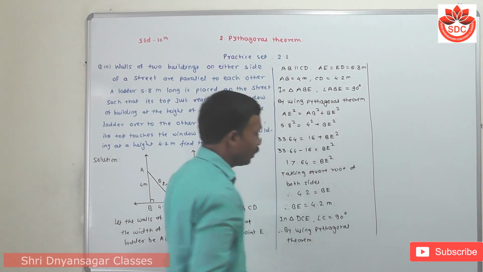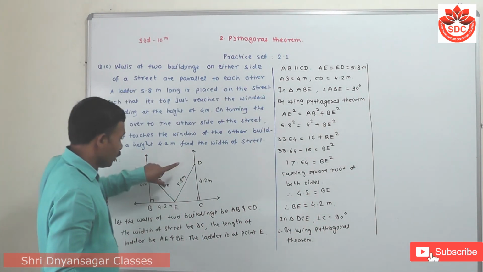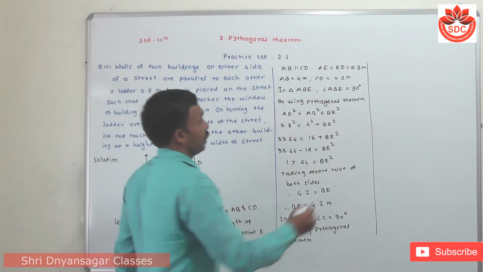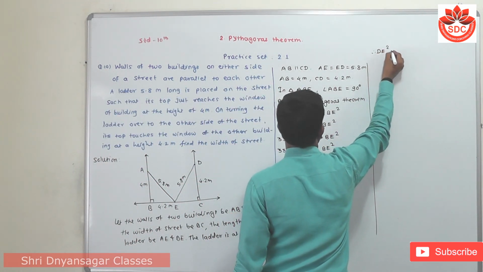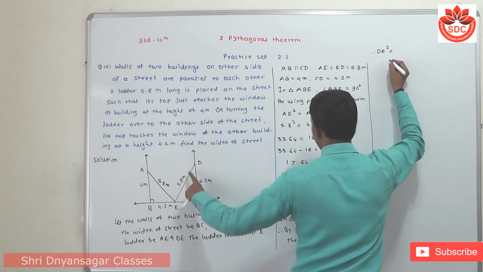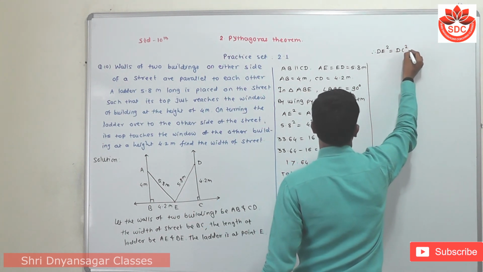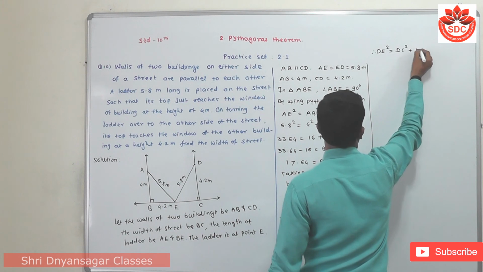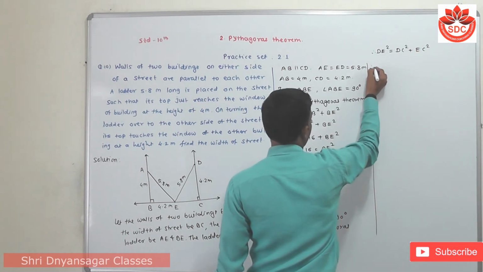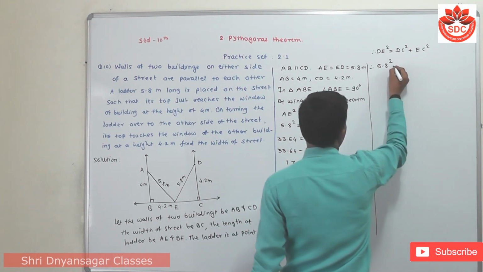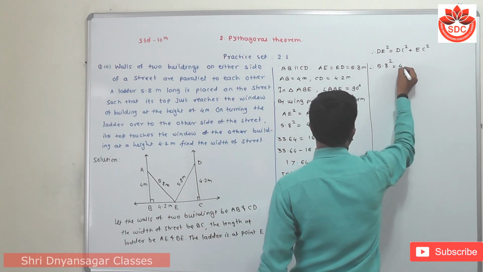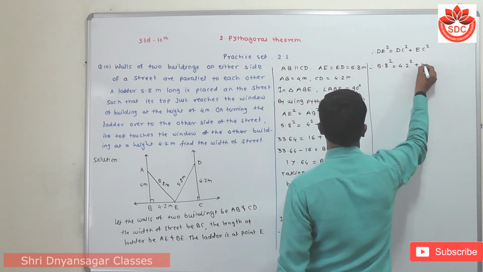What is the Pythagoras theorem? Therefore DE square is equal to, look here, DC square plus EC square. Okay, then substitute the value. This value is 5.8 square is equal to DC is 4.2 square plus EC square.